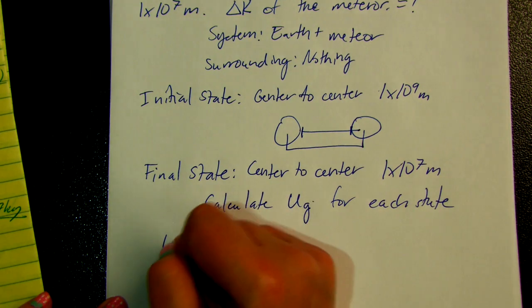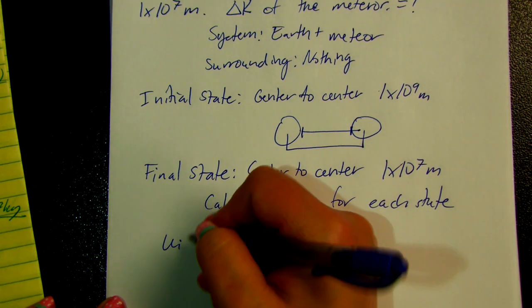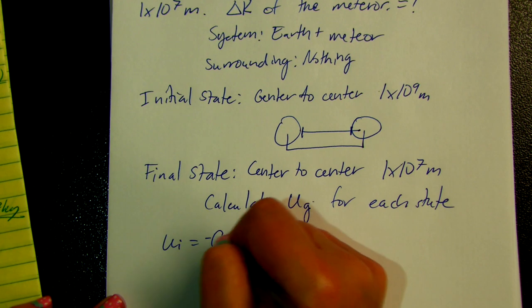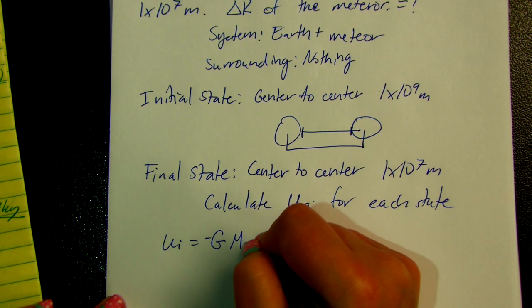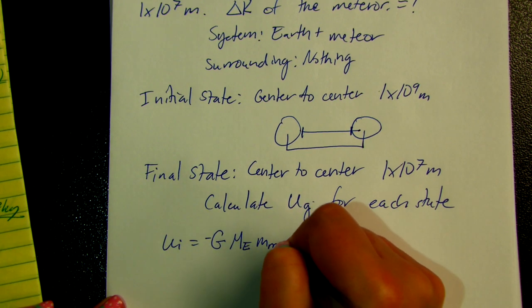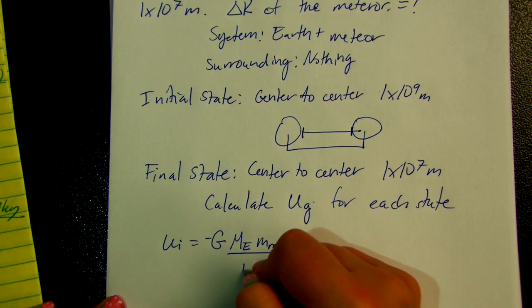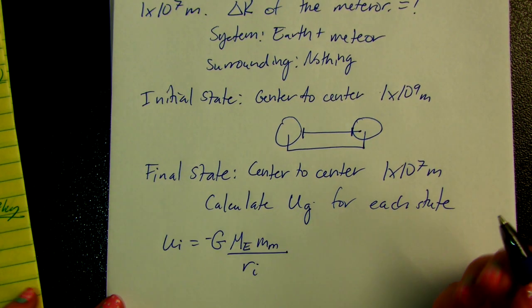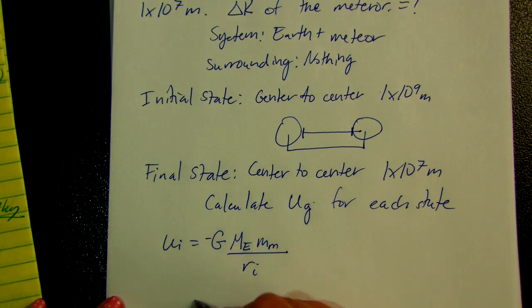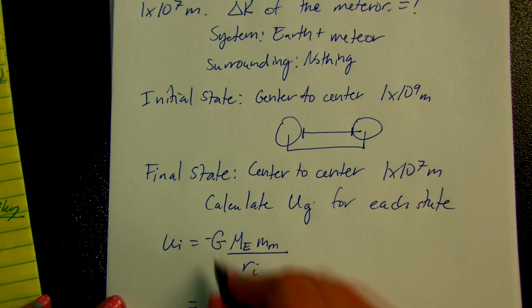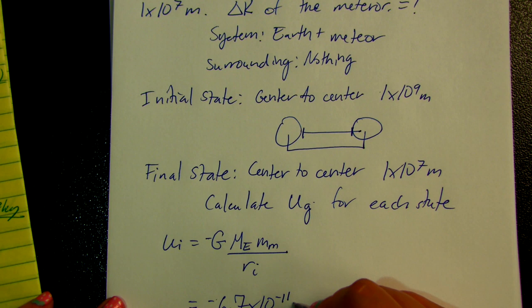So it starts off with an initial potential energy of minus G M_Earth M_meteor over r_i. These are all numbers that we know, because we know the mass of the Earth. So we've got our gravitational constant, minus 6.7 times 10 to the minus 11. Well, the minus sign is, of course, coming from the equation.